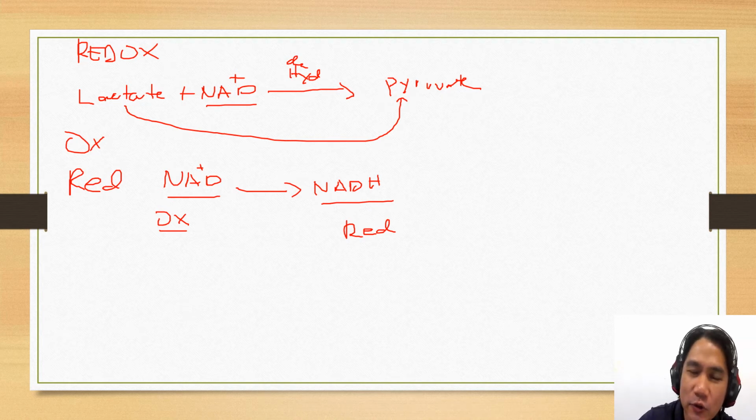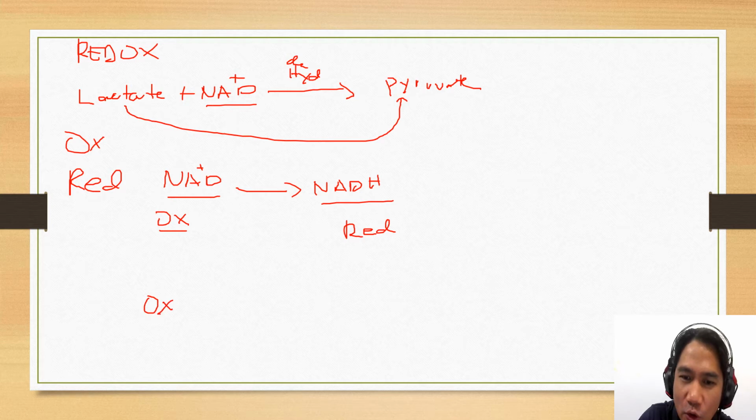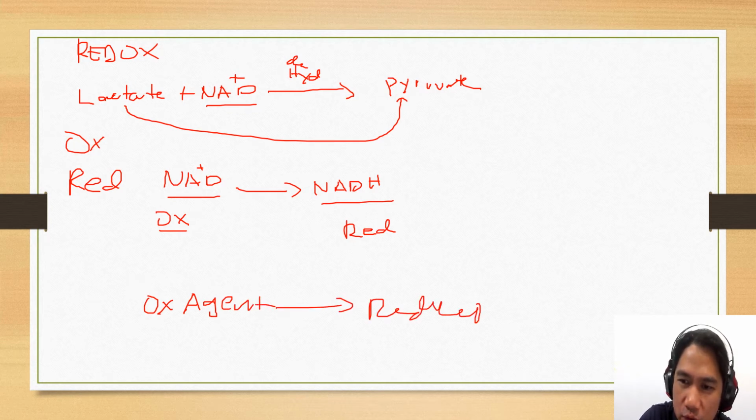So any oxidizing agent gets reduced. That's why here in the reaction, you notice that the NAD plus, which is an oxidizing agent, becomes reduced to NADH.